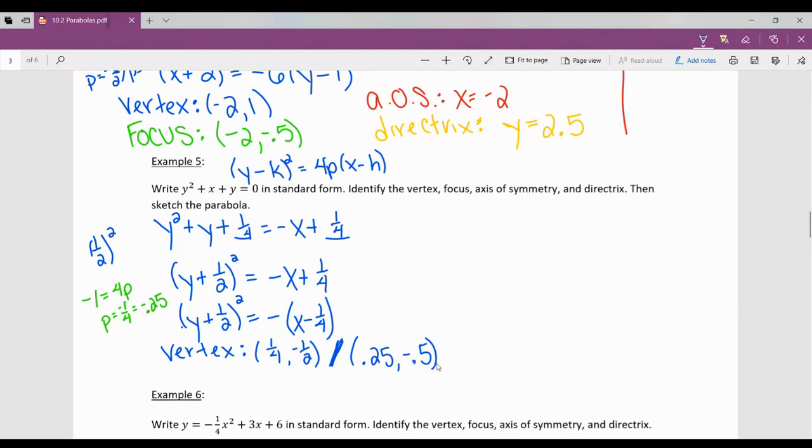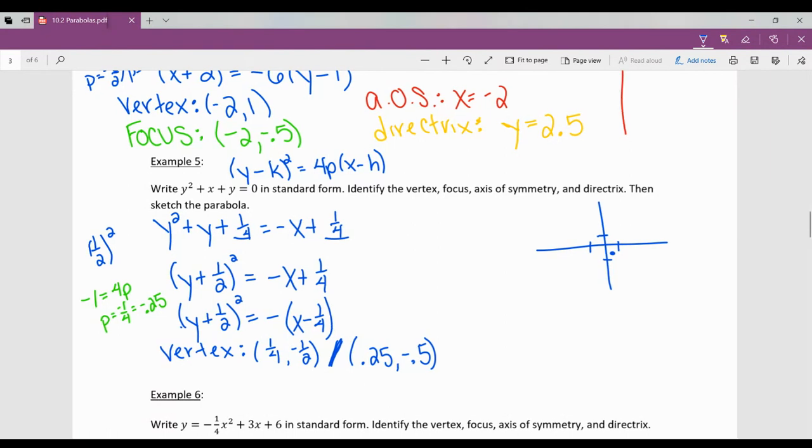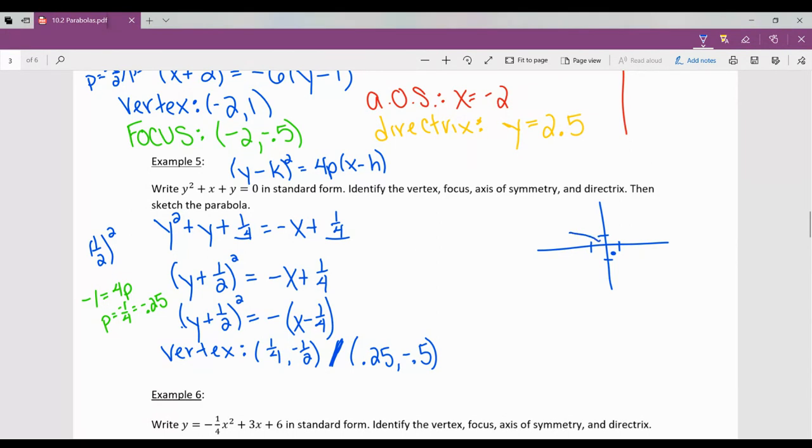So we go ahead and we plot our vertex at 1/4, comma, negative 1/2. All right, and then I know that it's going to open to the left because it's negative p.